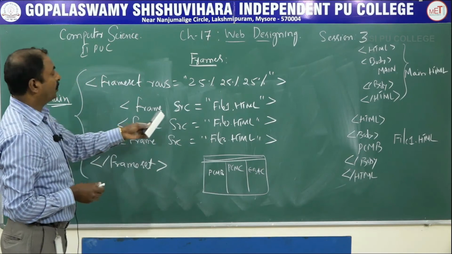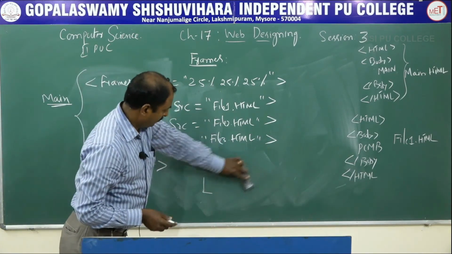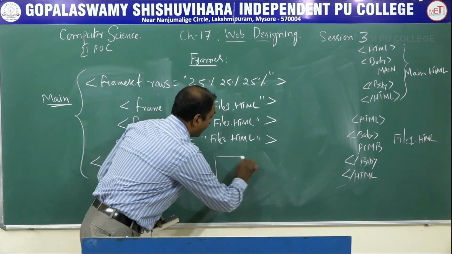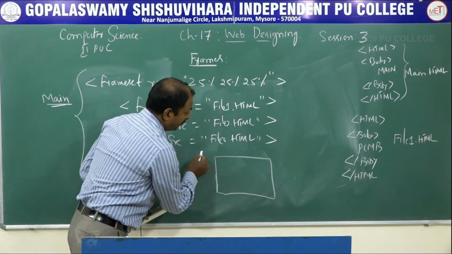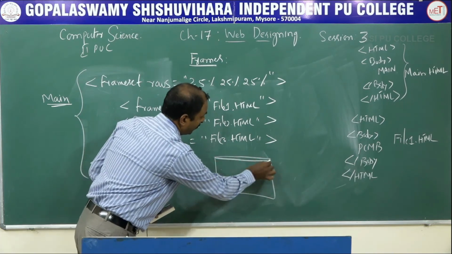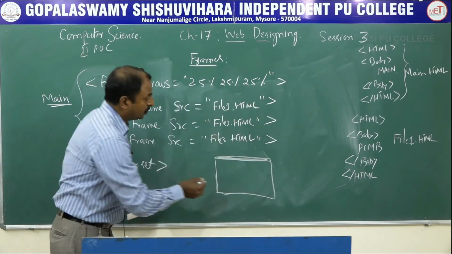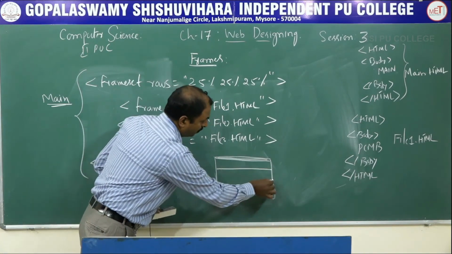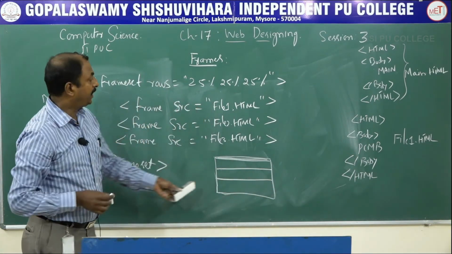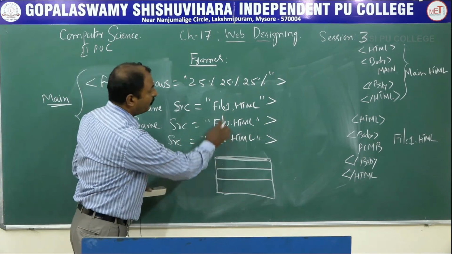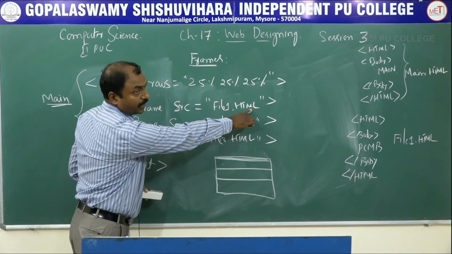And here, what would be the output of this? Now, when you execute this main program, this is the web browser window, and as per the syntax, there are 3 rows. So this will be divided into 3 rows, and here in row 1, the content of file1.html will be displayed.